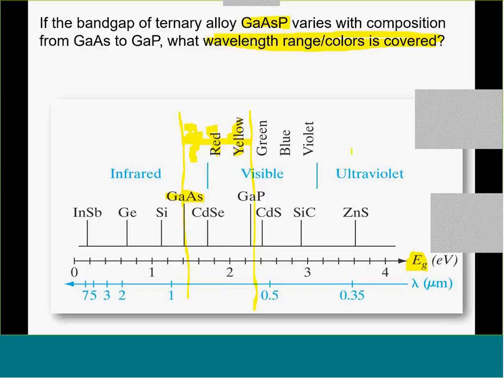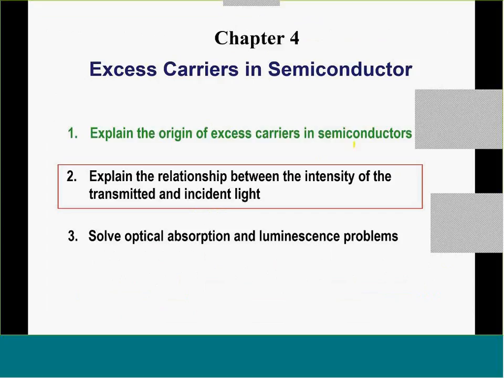Okay, let's explain the relationship between the intensity of the transmitted and incident light. Because by knowing this, then we are able to calculate how much energy is going to be absorbed. Okay, so let's move on.